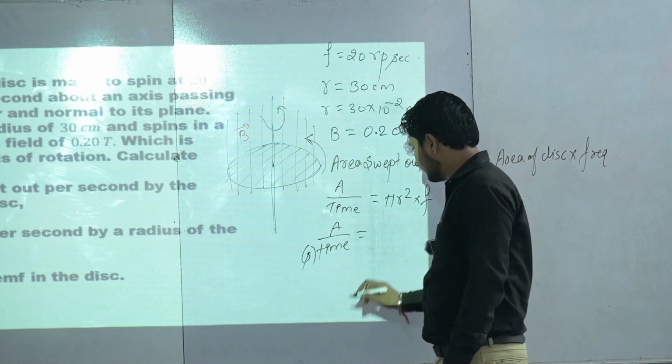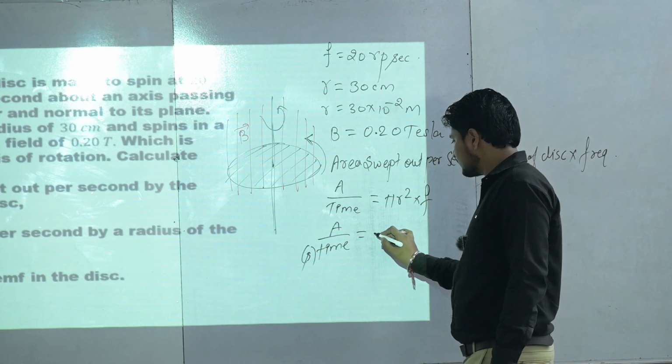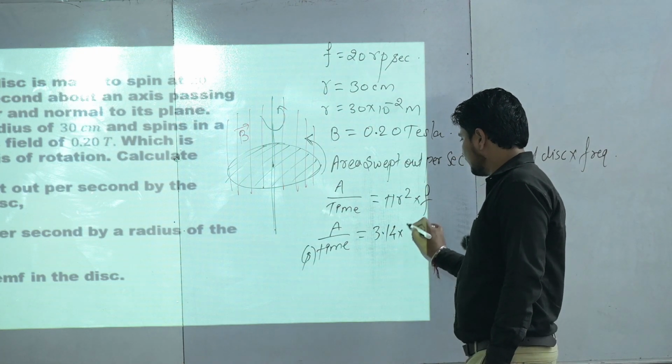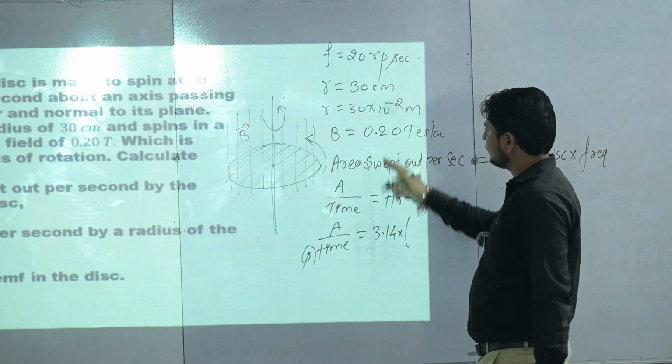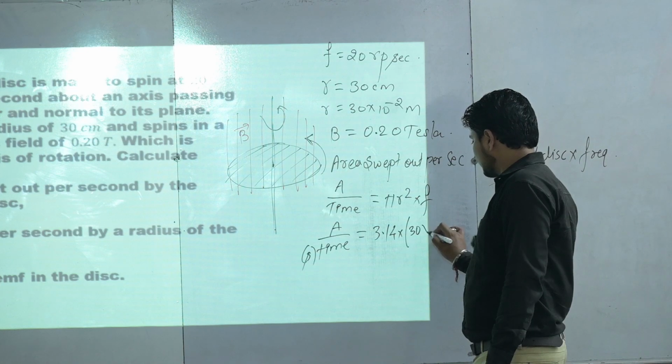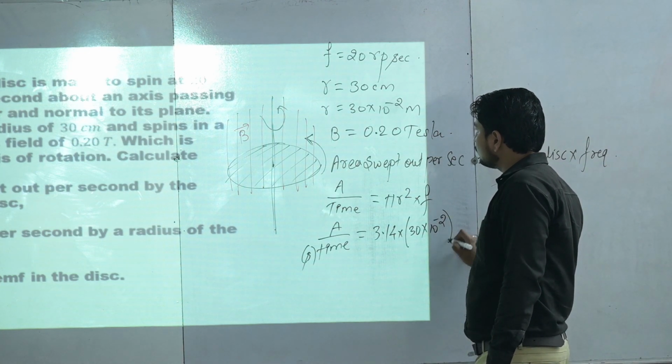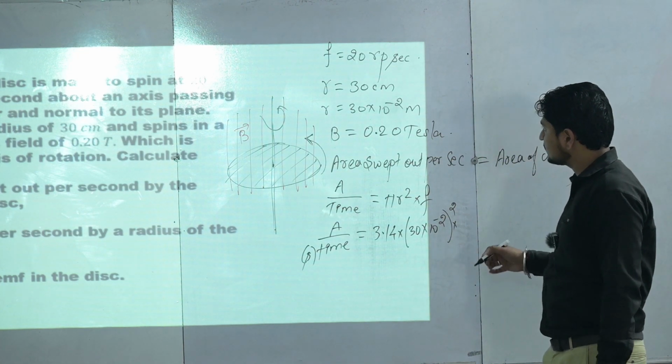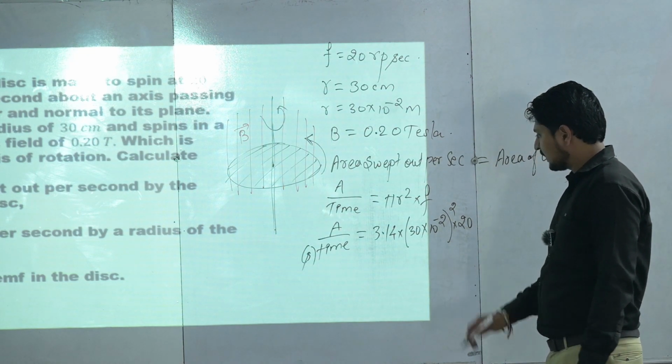You take it in seconds. So again this is pi r square, 3.14 multiplied by r square, and we have the value of r. This is (30 into 10 to the power minus 2) square multiplied by frequency, and this is your 20. Clear?